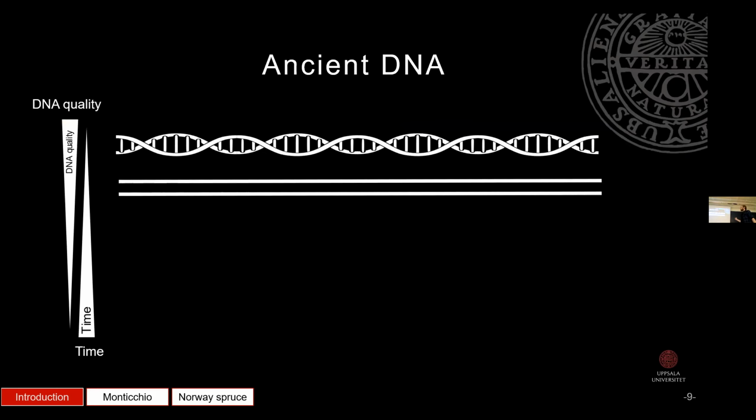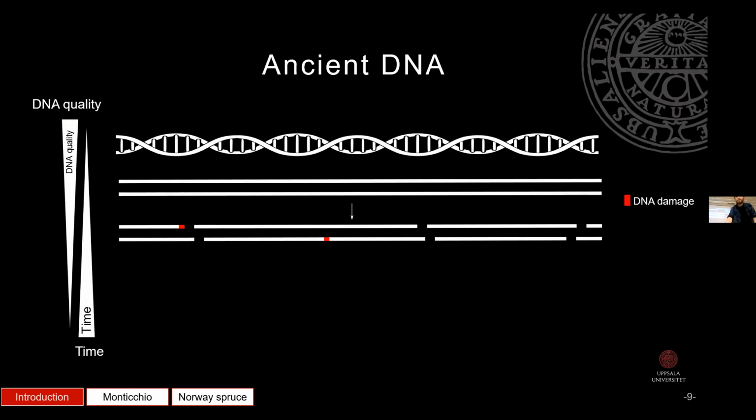So if you picture DNA, we usually picture this double-stranded, double helix kind of thing, right? But if you make it 2D, then it's two strands of DNA, and this is high quality. This is not degraded, nothing has happened to it. But as soon as it's deposited in the environment, I will slow down talking a little bit. As soon as you get it in the environment, your DNA doesn't really stay preserved, or it doesn't really stay like this.